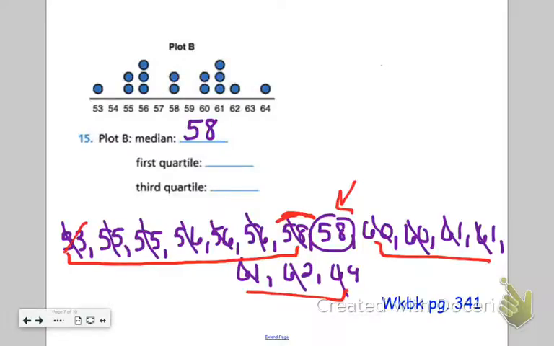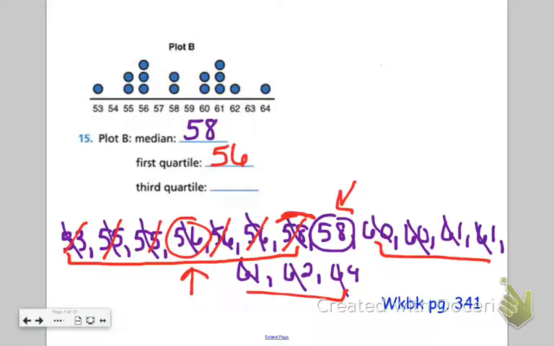So 53, 58, 55, 56, 55, 56, and it looks like this 56 right here is the first quartile, also known as the lower quartile, because it's the median of the lower half.